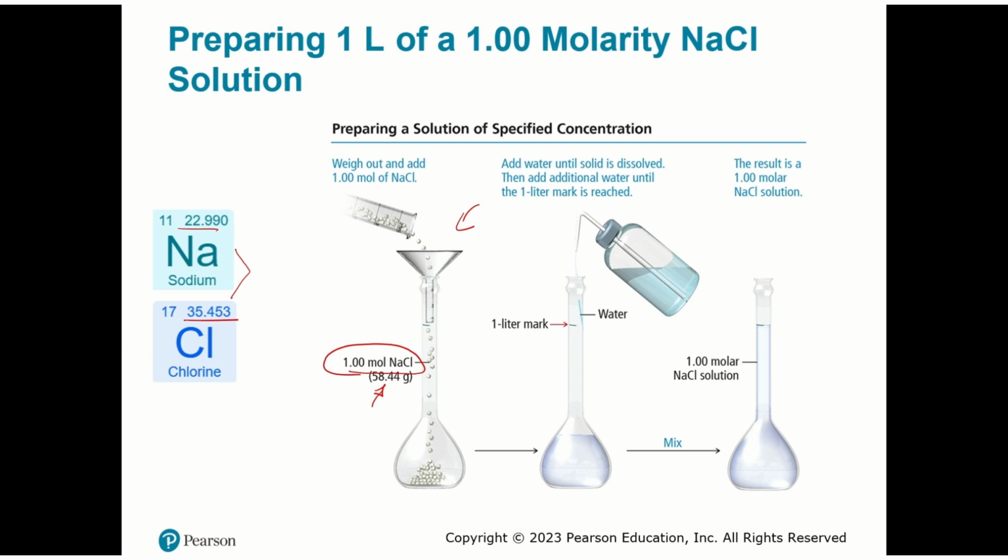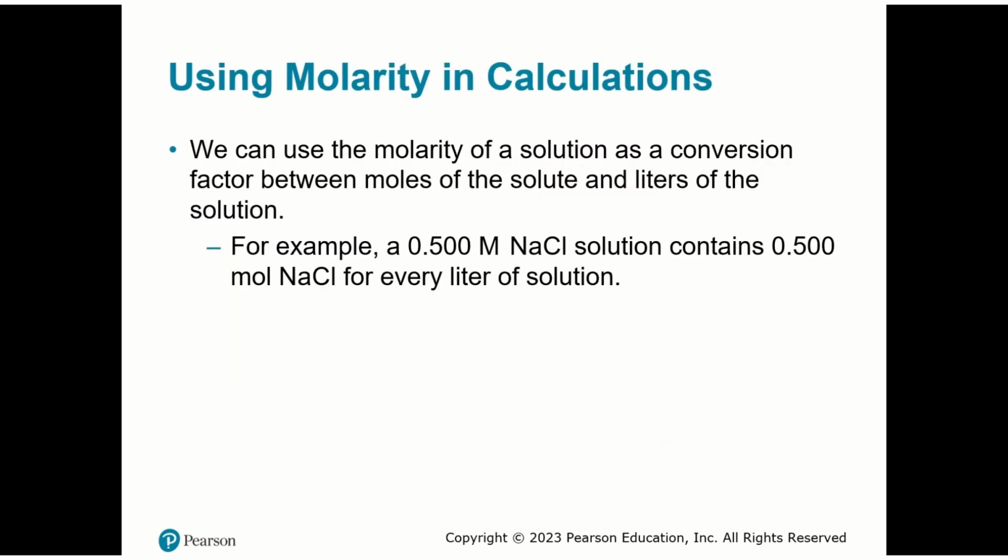As soon as I add my solid, which is the sodium chloride, we add water until the mark. Then we mix it, and we have produced a 1 molar sodium chloride solution. Pretty easy. Using molarity in calculations, we can use it as a conversion factor.